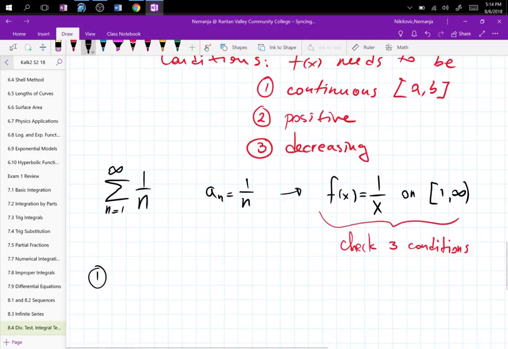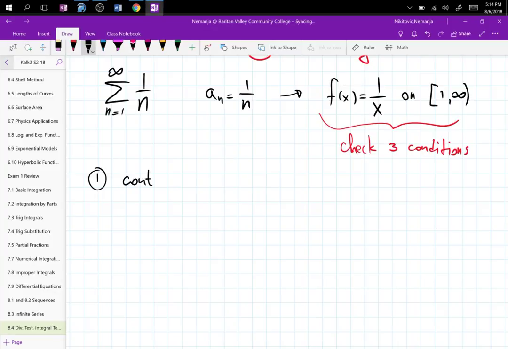Condition number 1. What did I say? Continuous. So is it continuous? Well, you have to make sure that the function is continuous on the interval provided. If you draw the function 1 over x, you know that 1 over x is discontinuous at 0. There's a vertical asymptote there. Look at the graph. However, you don't care about that because your interval starts at 1 and goes to positive infinity.